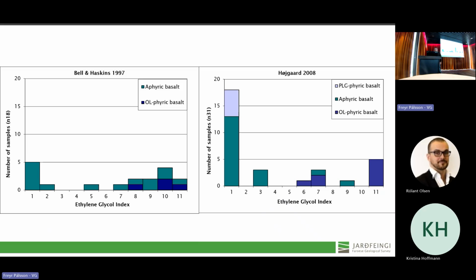It doesn't say anything statistically, but one was hoping to see some kind of pattern, maybe that these are stable and the other ones are unstable. The South Africans actually said that the so-called olivine-phyric basalts and some of the aphyric basalts were unstable. The former has olivine in it, which is relatively unstable in the Earth's crust.